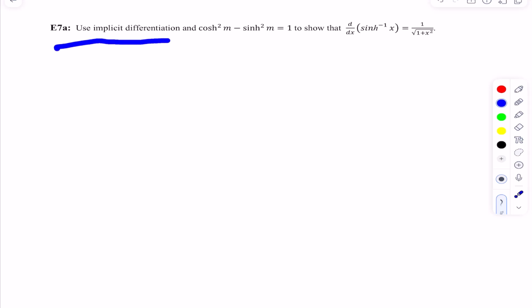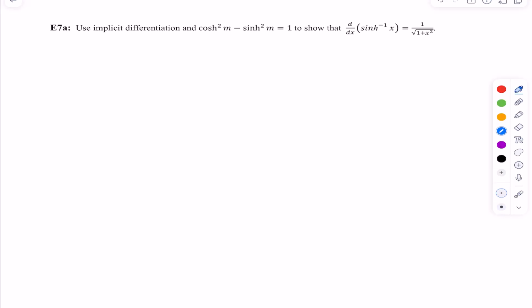Let's go ahead and use implicit differentiation to show that the derivative of the inverse hyperbolic sine of x is indeed equal to this function of x.